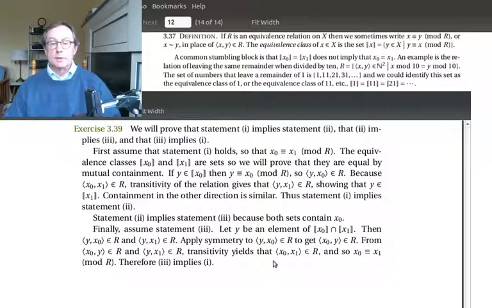By symmetry, you get from y comma x naught to x naught comma y. Symmetry is one of the properties of capital R. It's because it's an equivalence relation. And then I'm obviously going to apply transitivity. I have x naught y and also y x1, so I have the two y's, the y on the right and the y on the left. Transitivity gives x naught comma x1, and so x naught is related to x1, and that's what I needed.